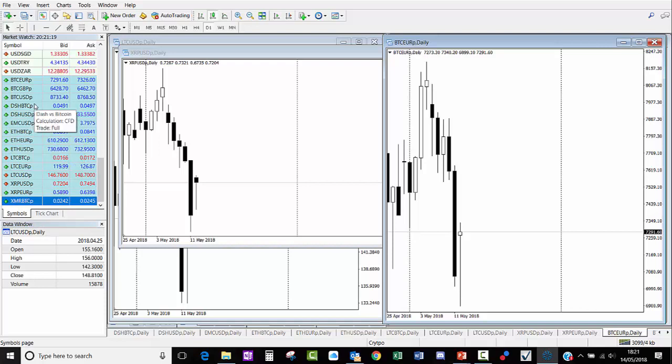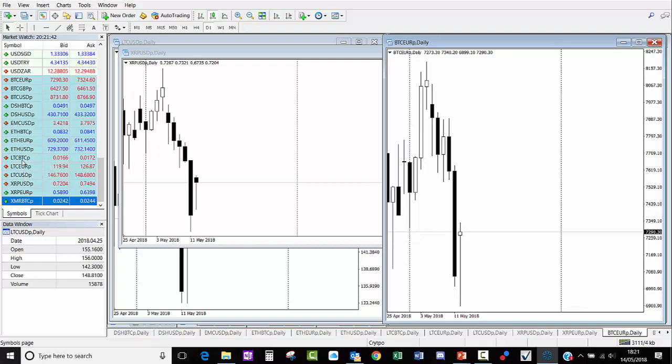So we've got a wide range of cryptocurrencies, from Bitcoin against the Euro, Sterling, and against the US dollar. We'll also have Dash, DSH against Bitcoin and against the US dollar. We will also have Americoin, and also Ethereum against Bitcoin, the Euro, and the US dollar.